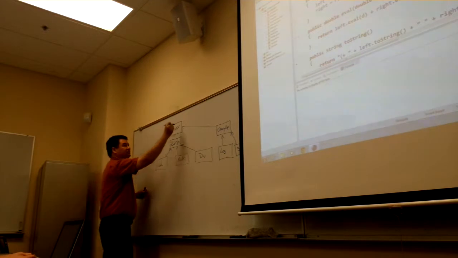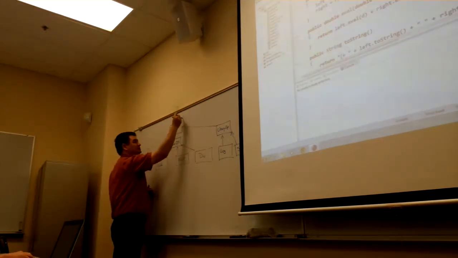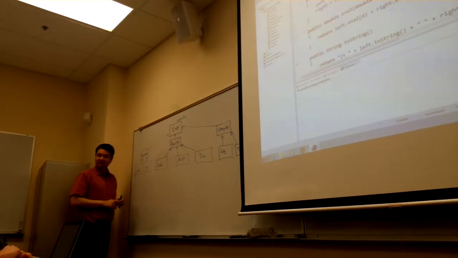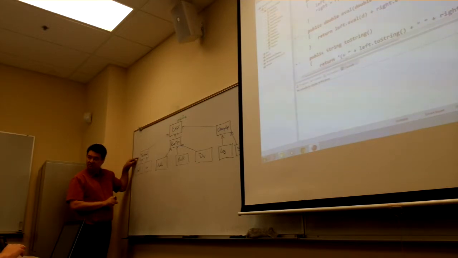Alright, so this is an interface. So what do these things have to be? Can they be interface? Can they be a class? I guess the question is, can an interface implement another interface? Why not? I would say so, sure.